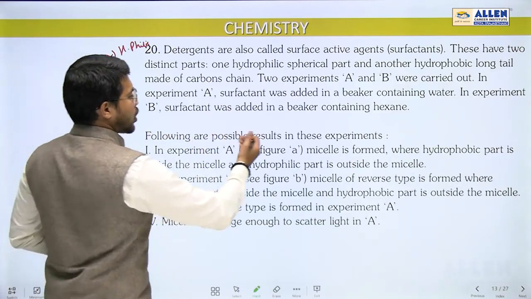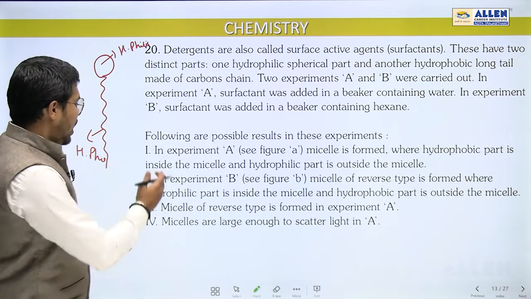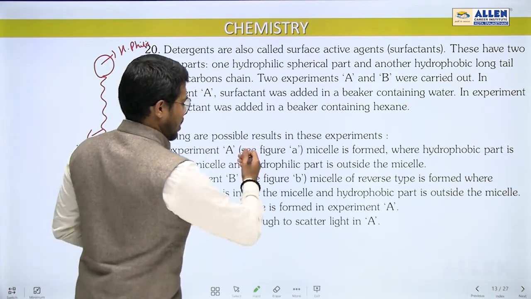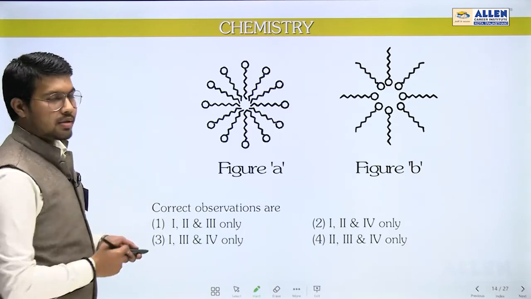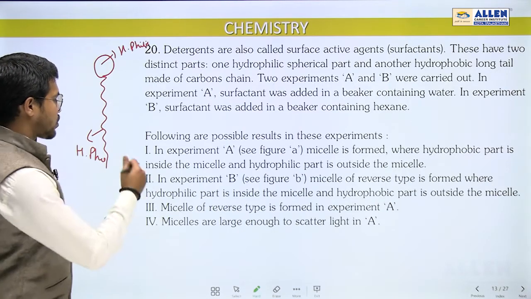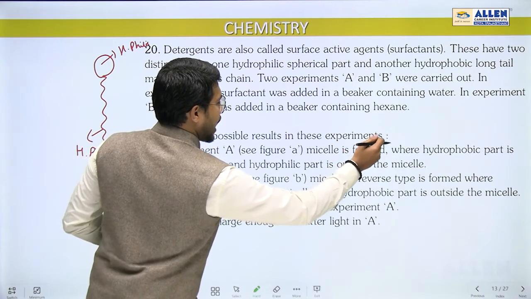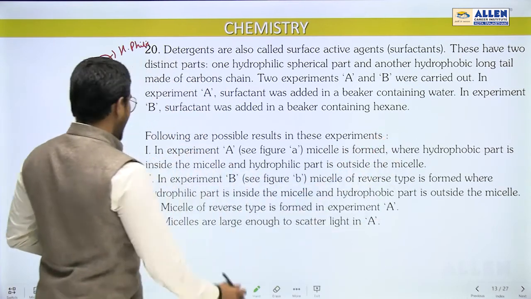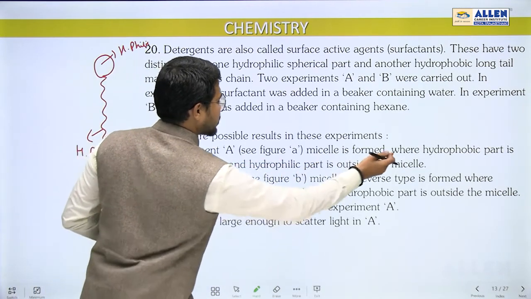The following are the possible results of these experiments. The first option says: in experiment A, we see figure A as I showed you, and this is figure B. In experiment A, micelle is formed where the hydrophobic part is inside the micelle and the hydrophilic part is outside the micelle.